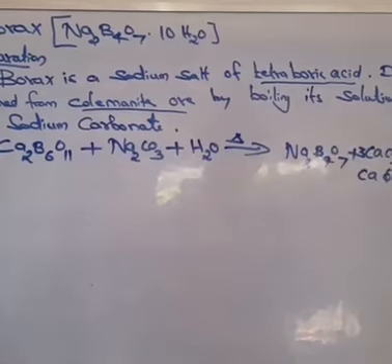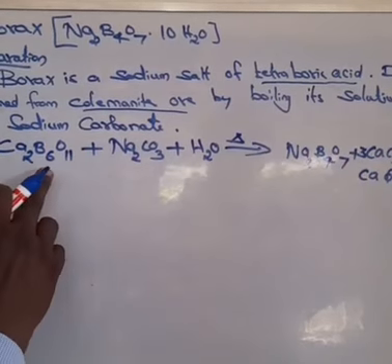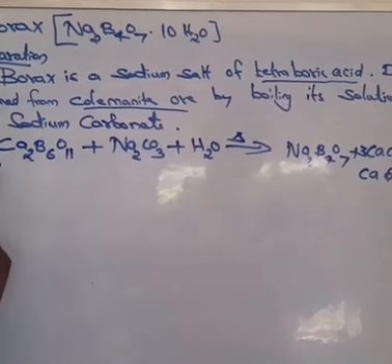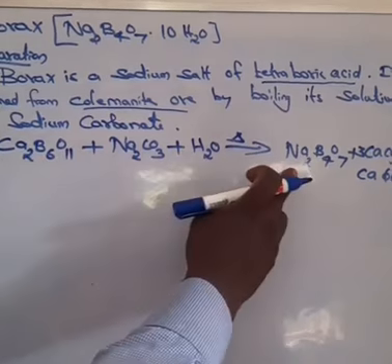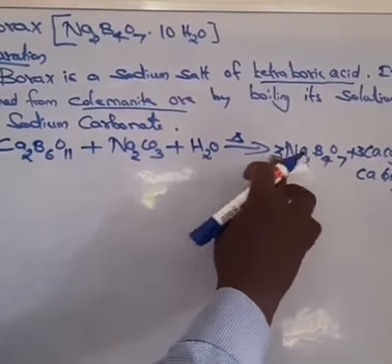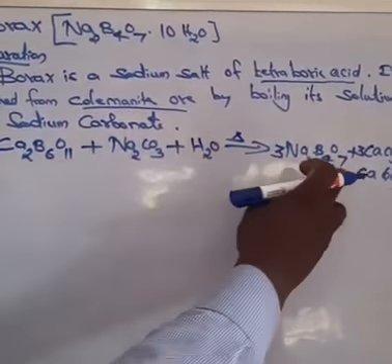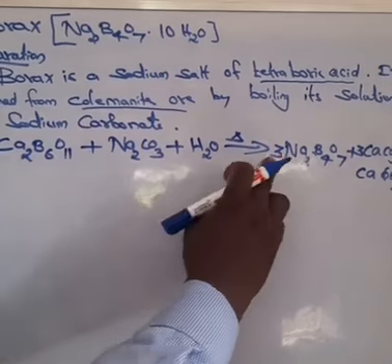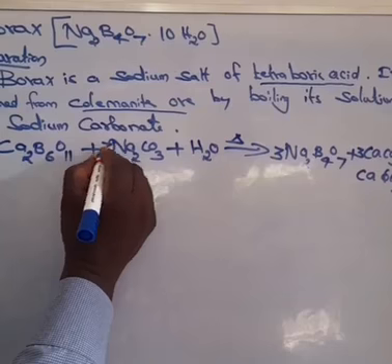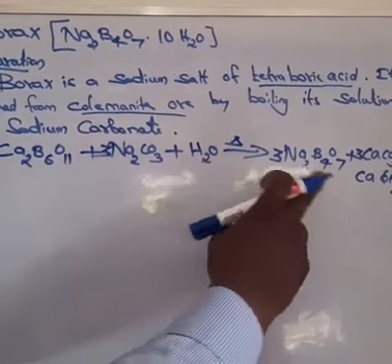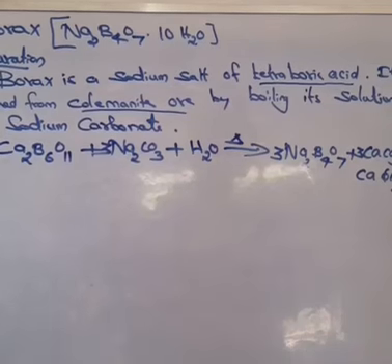Next about boron, 6 twos are 12, so make it 3 here, that is 4 threes are 12. Next about the sodium. Here having 3 sodium, here having 2, so make it 2, 3 here. And water H2O. Okay. Now the equation is balanced.